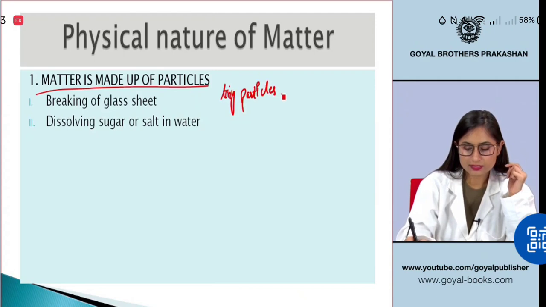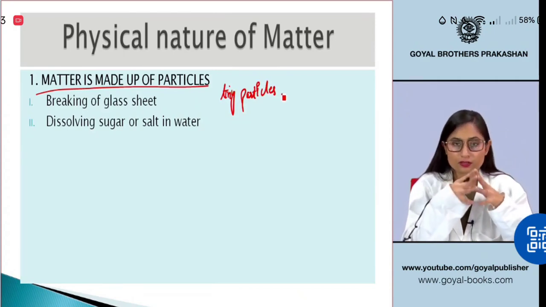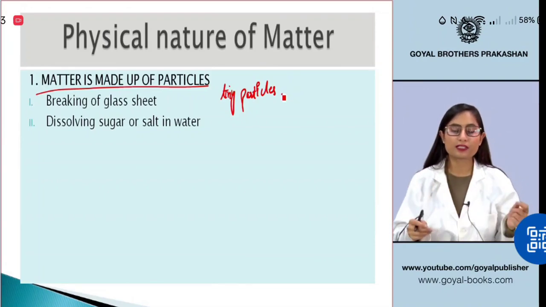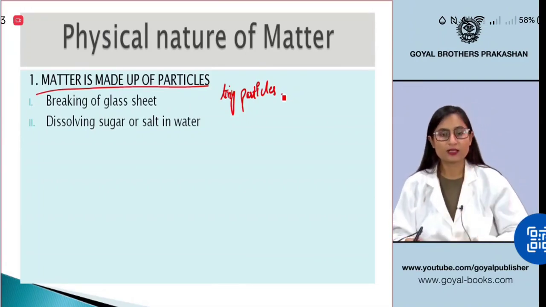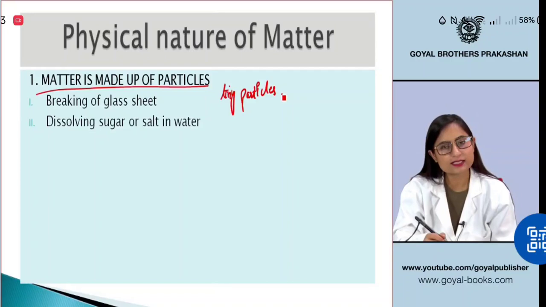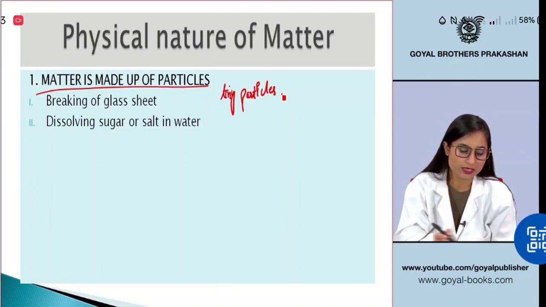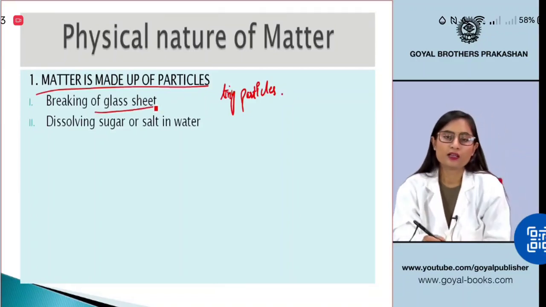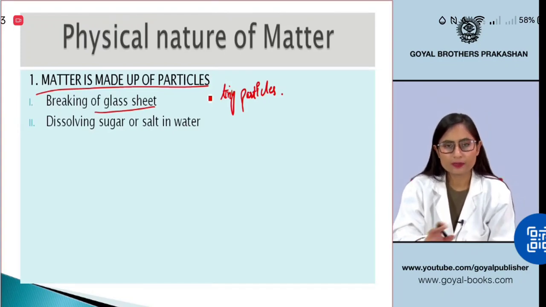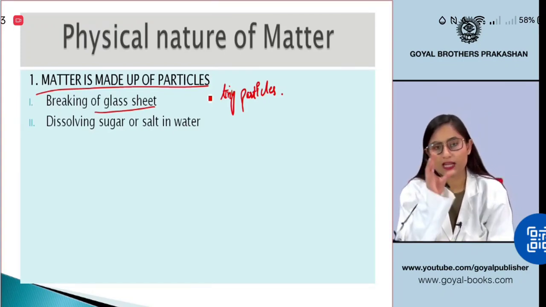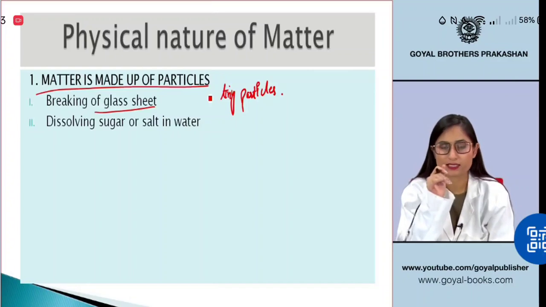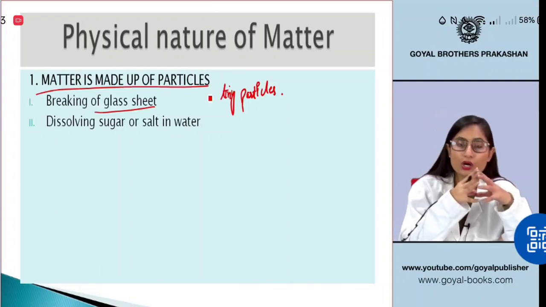In this lecture, we will basically be proving this particular fact, that matter is made up of very tiny particles. The easiest example that you can observe is the breaking of a glass sheet. Someday you would have seen that whenever glass breaks, it breaks down into a lot of smaller particles.